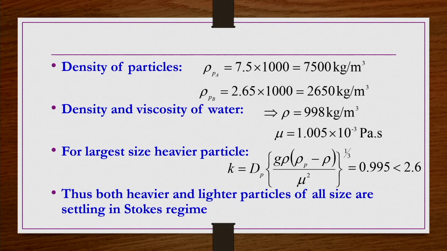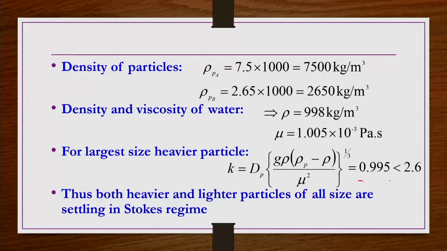That means both heavier and lighter particles of all sizes will be settling in the Stokes region, because the heavier particles are going to have a larger settling velocity compared to the lighter particles, and out of these heavier particles, the largest particle size is going to have the highest settling velocity. So the largest size of heavier particles itself is in the Stokes region.